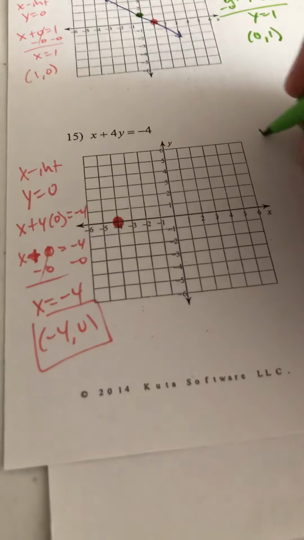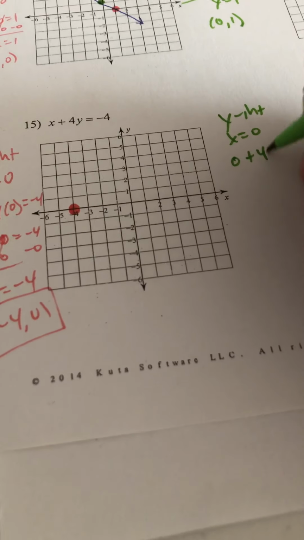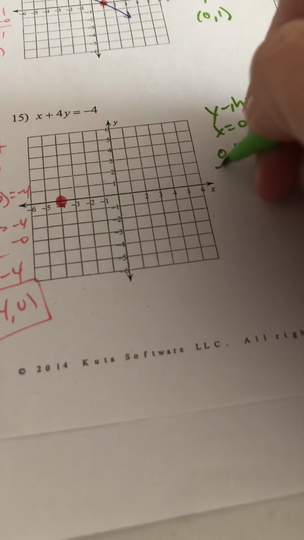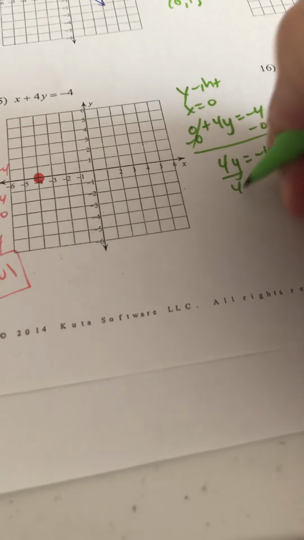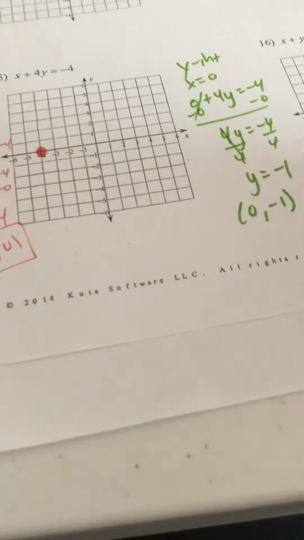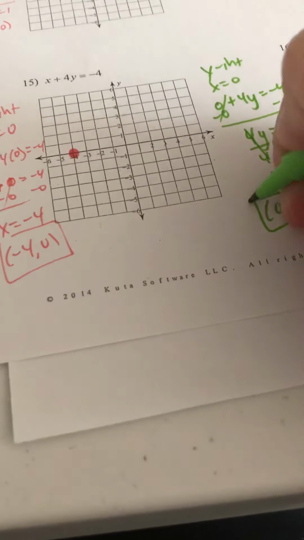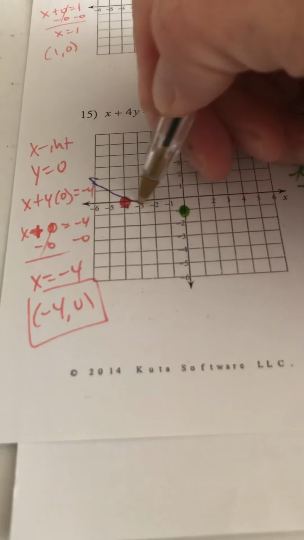Moving over to my y-intercept, I'm going to put x is 0 this time. So 0 plus 4y equals negative 4. Subtract the 0. 4y equals negative 4. When I divide by a positive 4, I'm going to get a negative 1, or 0, negative 1. So on the y-axis, right here at negative 1, and there's my line.